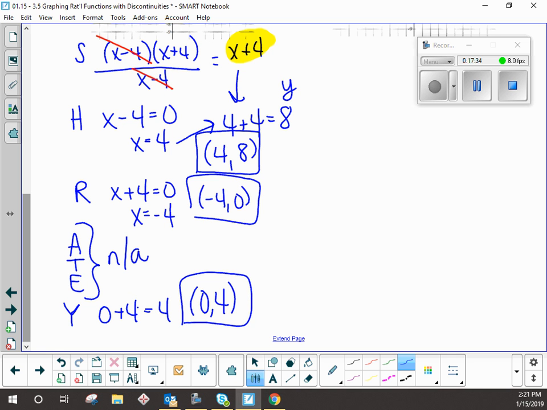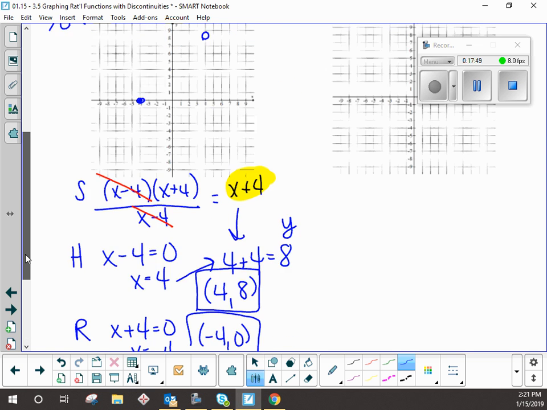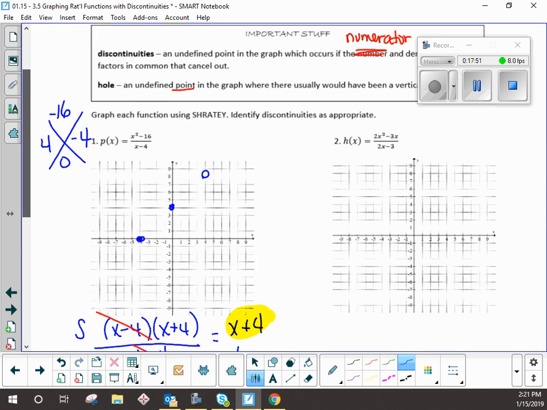And we already knew it was going to be 0, 4 because it's in slope-intercept form, and the b is 4. So I'm going to put all those points on my graph. I'm about to slide up. Does anybody need this work here anymore? And then here's what I got. A line with a hole in it.